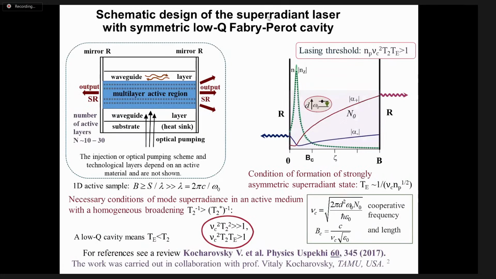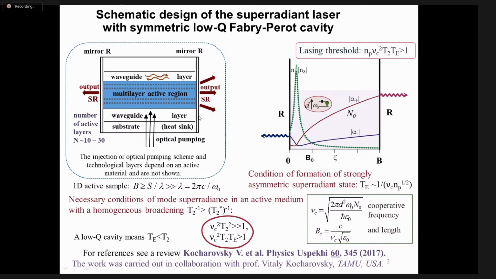So here is the schematic design of a superradiant laser. I skip a discussion of possible materials which may be used for this superradiant laser. In fact, you know that there are a lot of experiments on superradiant pulse emission with pulse pumping. But if one uses continuous wave pumping for this kind of superradiant active medium, then we come to more or less standard lasing.